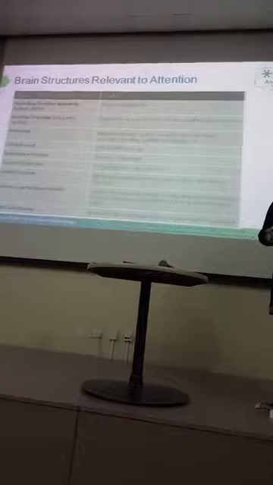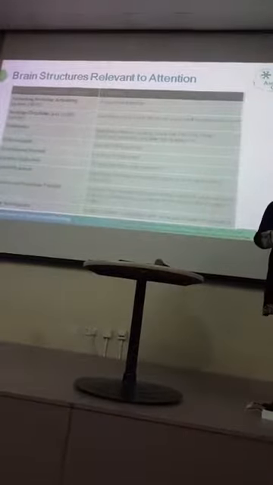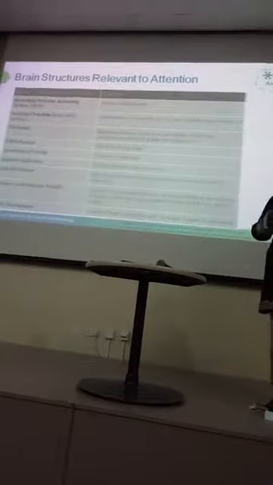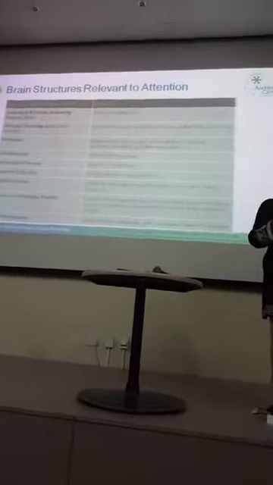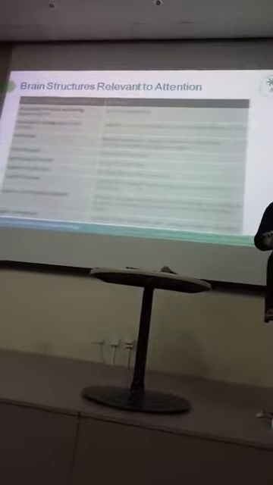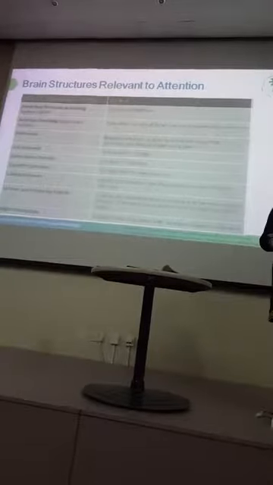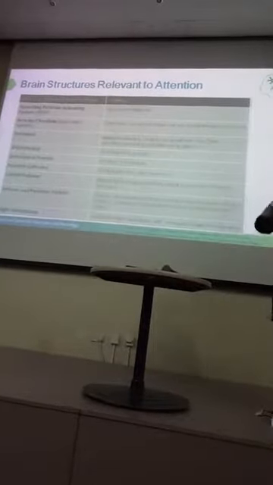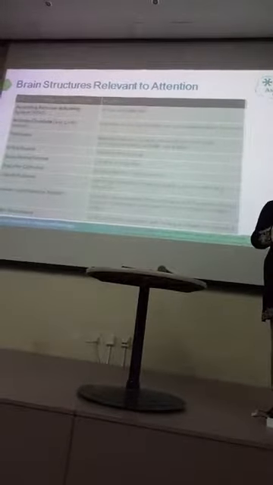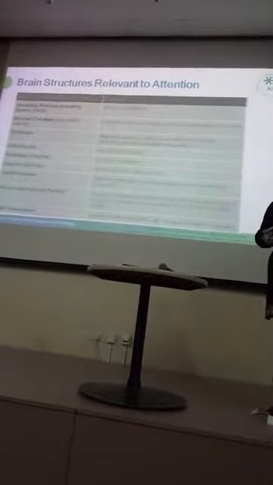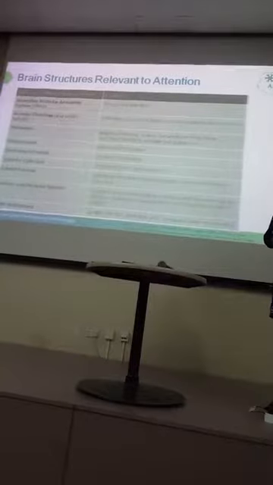There are multiple brain structures that are relevant to attention. So these things don't just come out as pen and paper exercises. They also directly relate back to areas such as the ascending reticular activating system. The frontal lobes have various regions that seem to be involved in different formats of attention.